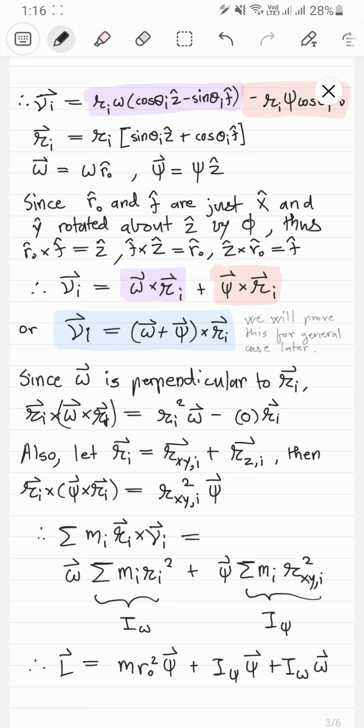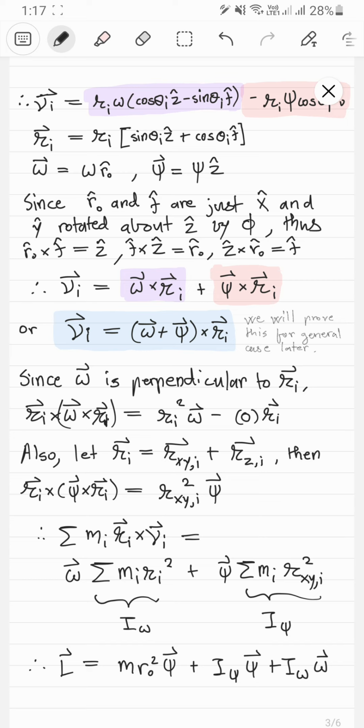And then this pink term, or purple term, is just omega vector cross ri vector. So just do the whole calculation, you will see this works out, right? So you can write the relative velocity as omega vector plus psi vector, and all of that cross ri vector.